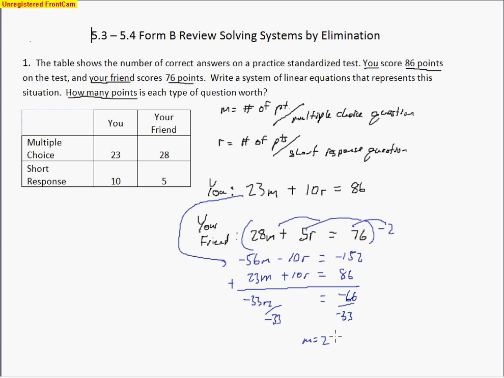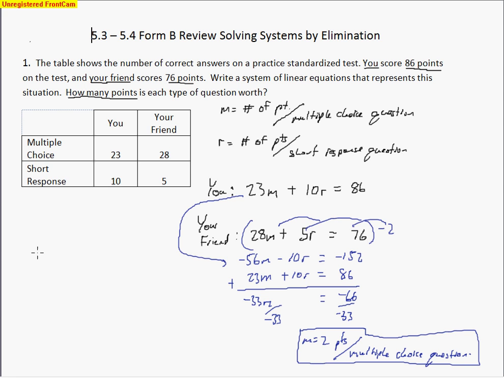So it's 2 points per multiple choice question. Now I know what the multiple choice questions are worth. They're worth 2 points apiece. So now let's find out what short response is. What we can do now is take that 2 and substitute it back into one of the equations. I'm going to put it in the U equation.